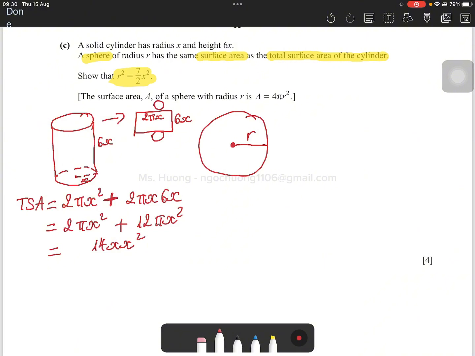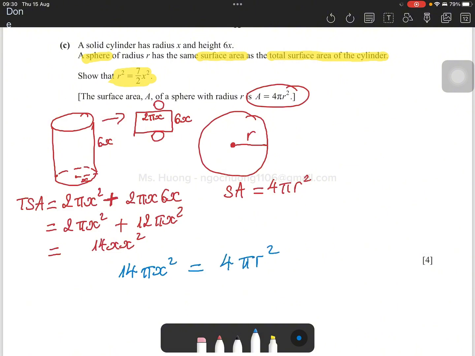And for the sphere, the surface area of the sphere is equal to 4 pi r squared. It is given in the question. And according to the question, the surface area of the sphere is equal to the total surface area of the cylinder, which means 14 pi x squared is equal to 4 pi r squared.